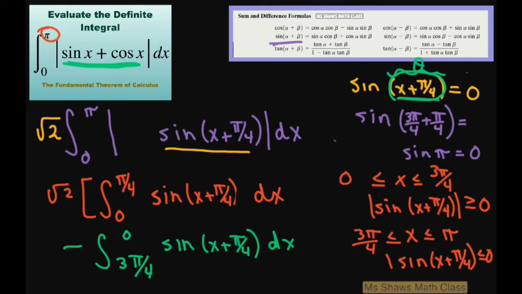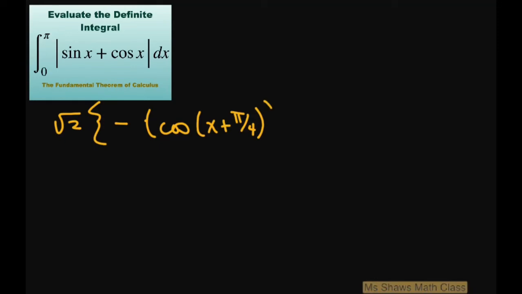All right, now that we have that, and this whole thing is being multiplied by square root of 2, we can integrate this. This is going to equal square root of 2 times, in brackets, negative cosine of x plus pi divided by 4, evaluated from 0 to 3 pi divided by 4.